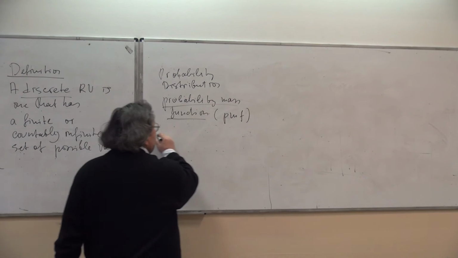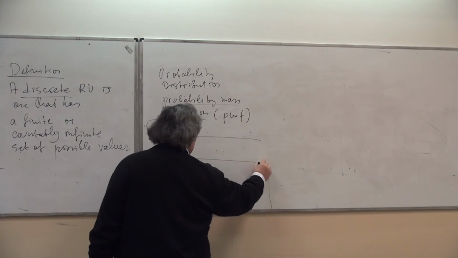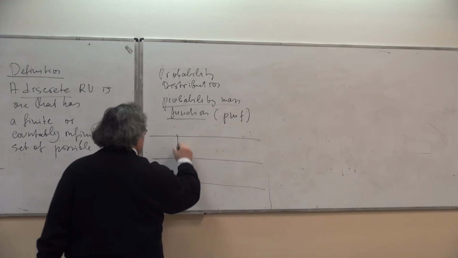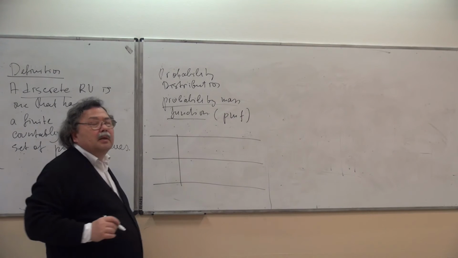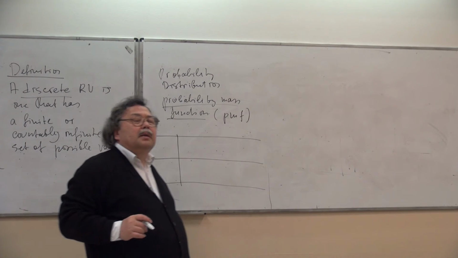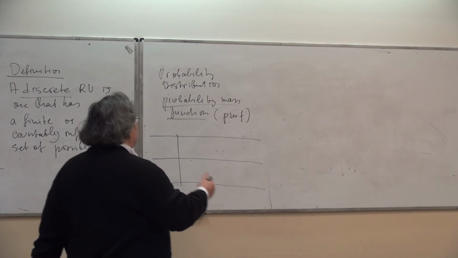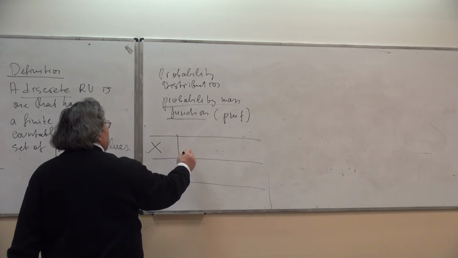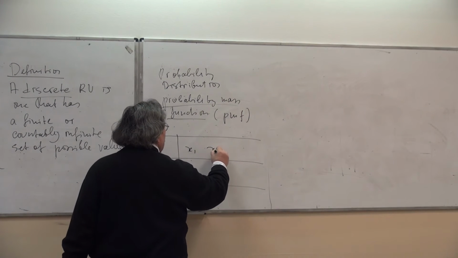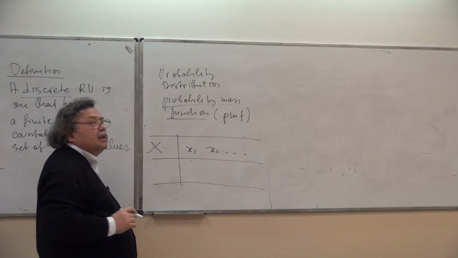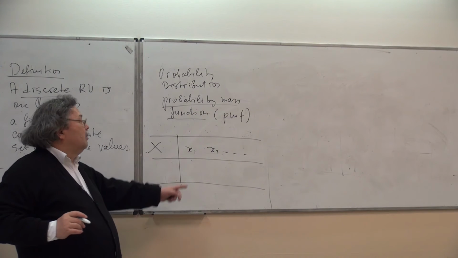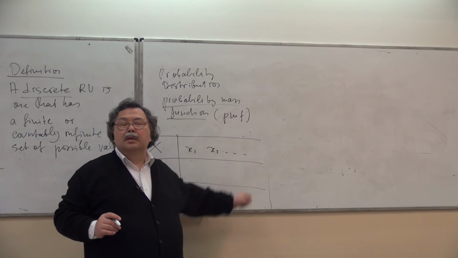Well, this is a very simple concept. The probability mass function for a random variable is defined through a table of this kind. We list the possible values. It can be a finite list or an infinite list.